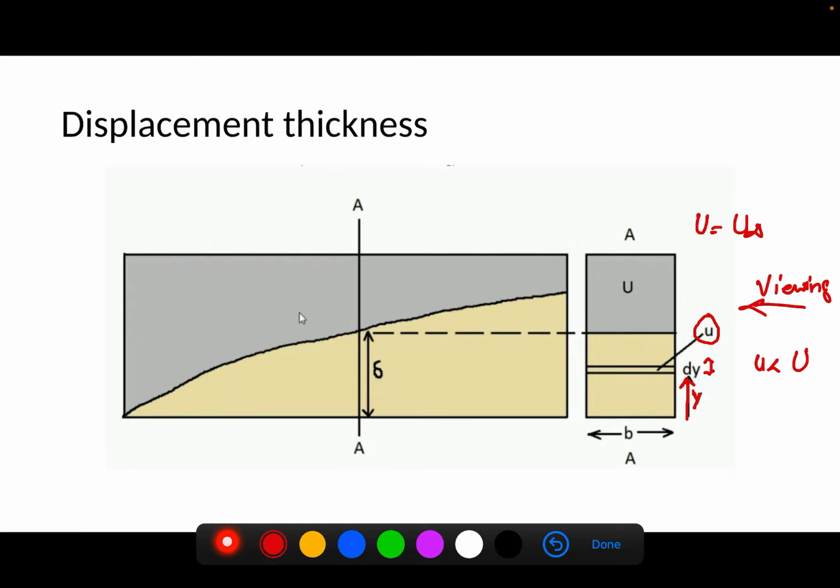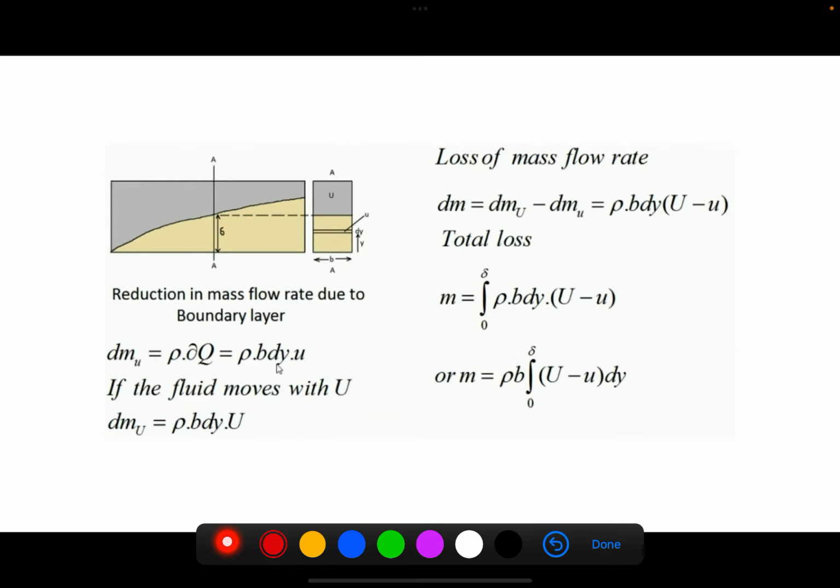Mass flow rate is rho into A into V. The fluid has a constant density, and the area of this region is b into dy. Multiplying by the velocity small u, we get rho into b into dy into u, which is the differential mass flow rate, dm dot.